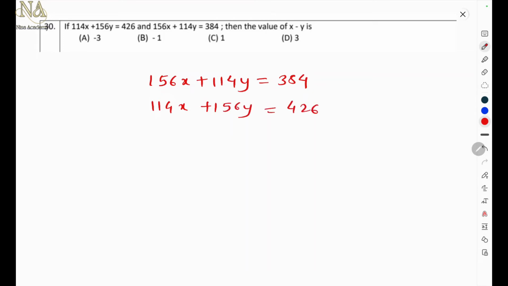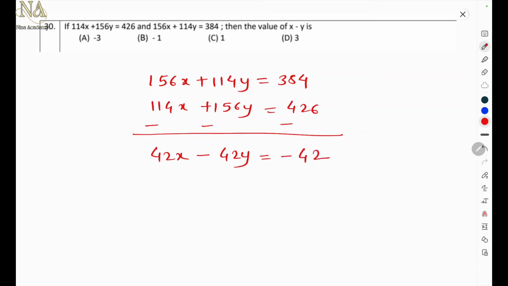I will subtract both equations. So 156 minus 114 is how much? 42x. 114 minus 156y will be minus 42y, and 426 minus 384 will be minus 42. Divide throughout by 42. So x minus y equal to minus 1. So the answer is option B.